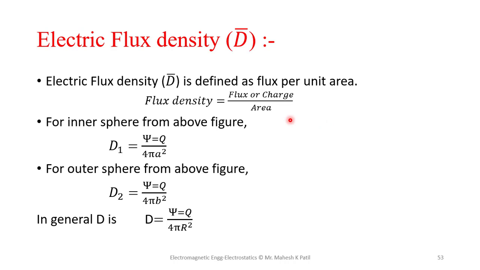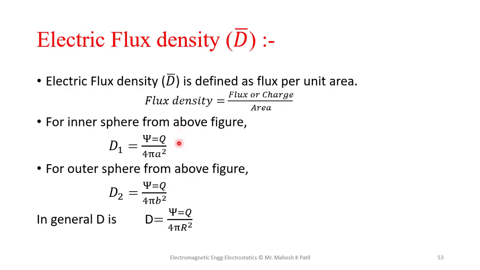Consider the previous diagram: for the inner sphere, if you want to calculate the electric flux given out by that inner sphere, it will be Q upon 4 pi r square. Now r in that case is a. Therefore D1 is equal to q upon 4 pi a square. Similarly for the outer sphere, you can write the density as D2, equal to psi or q divided by 4 pi b square.